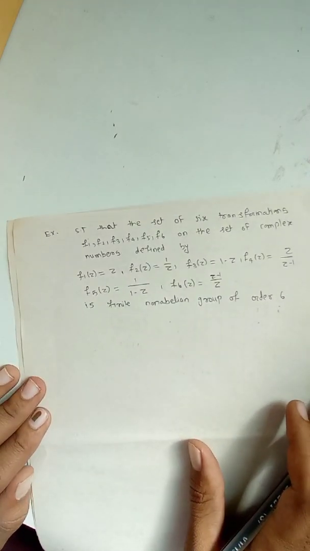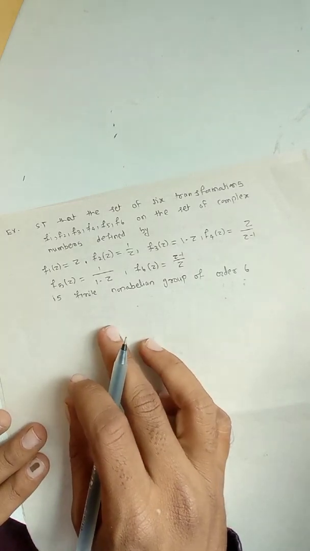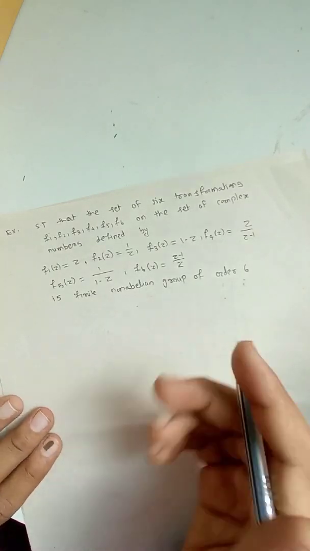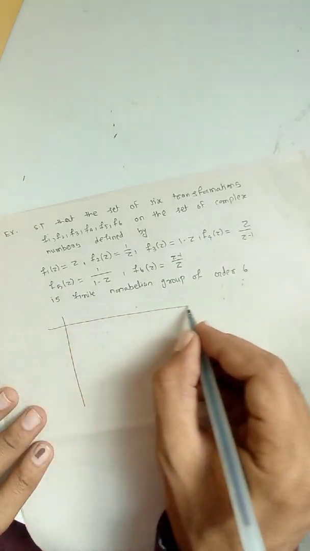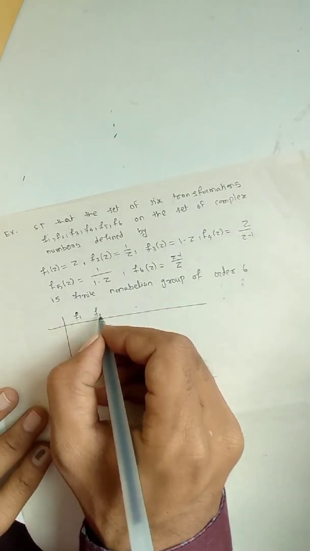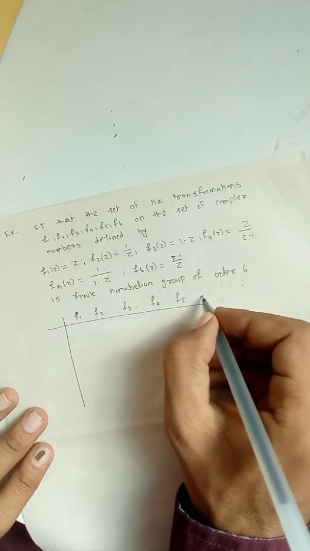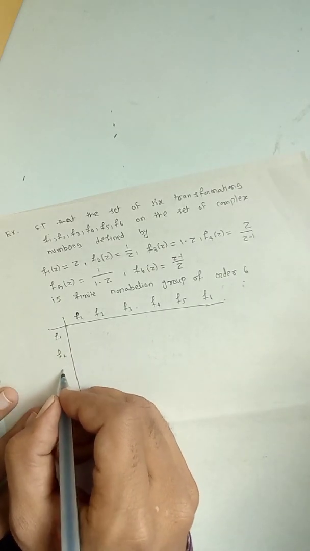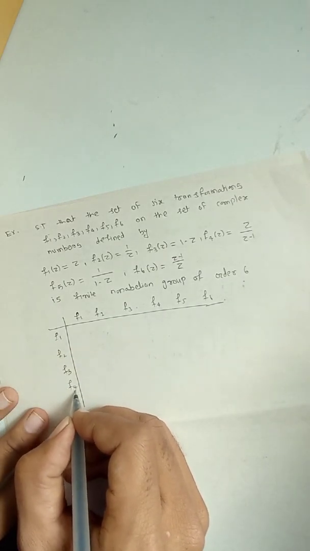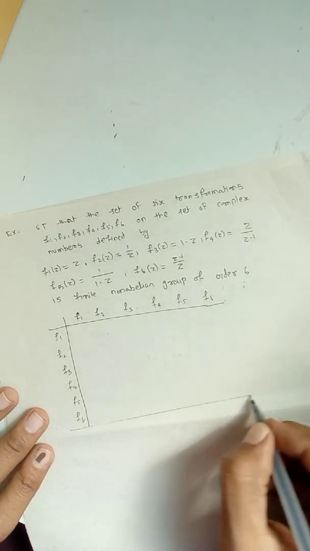Now I am going to discuss how to build the composition table of these functions. Now consider f1, f2, f3, f4, f5, f6.